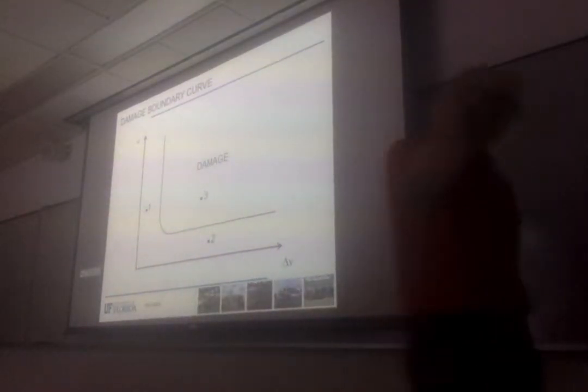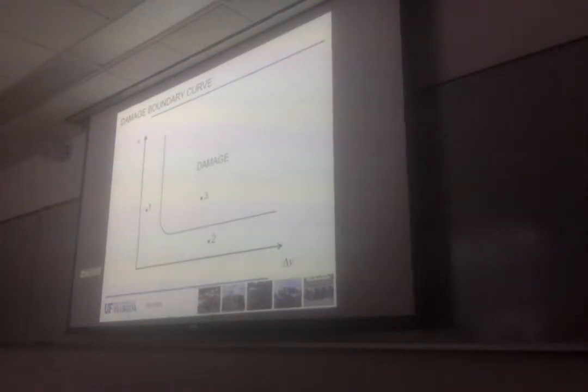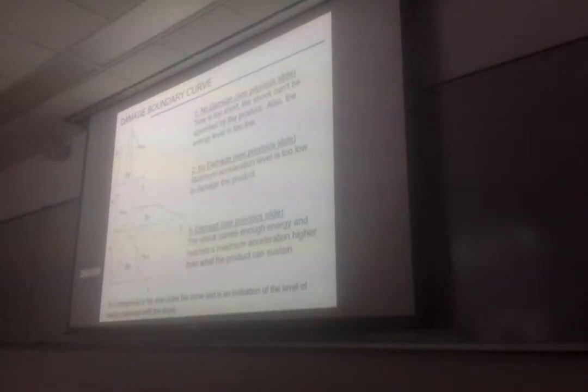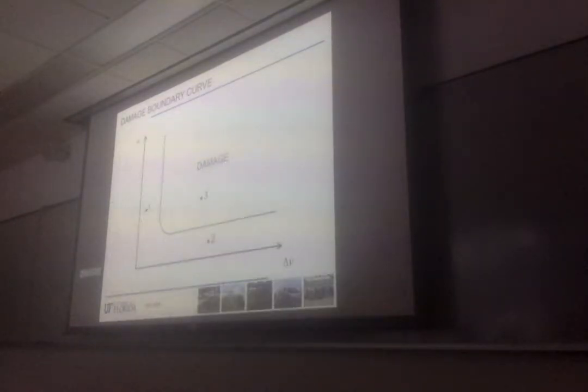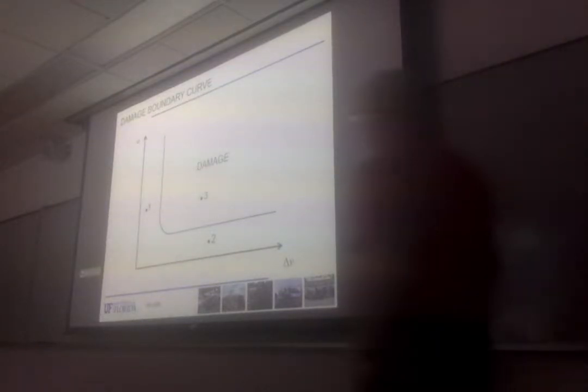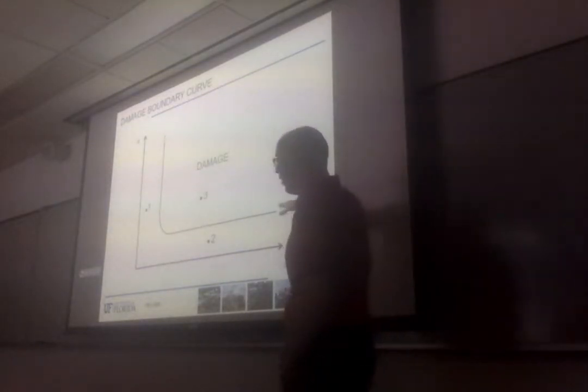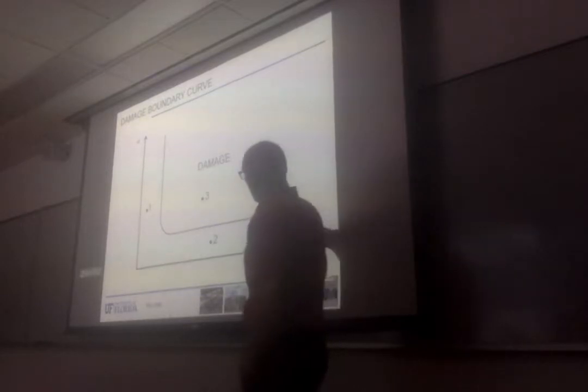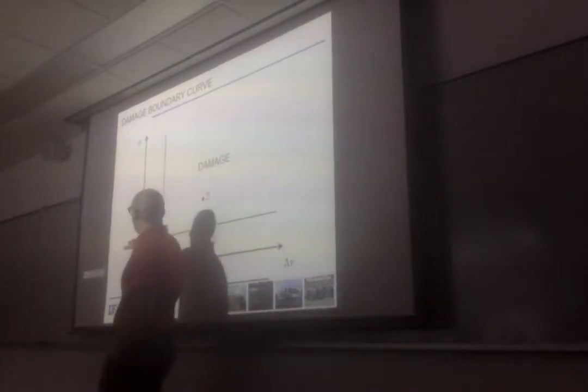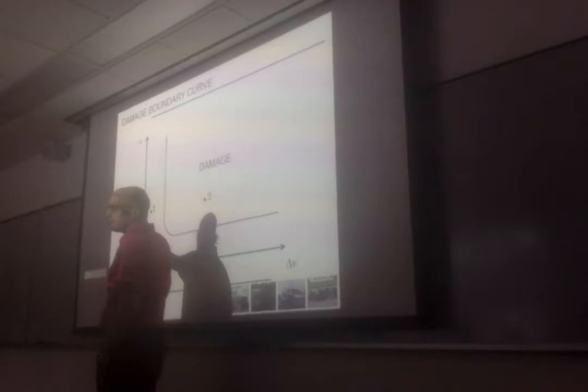Okay, so what does that do physically? Why do we have damage and no damage? Here is the best way to illustrate these things. The first point, number one, is right here. Maybe I should mention this first: if you take that horizontal line and extend it here, that intercept on the y-axis gives you the critical acceleration.